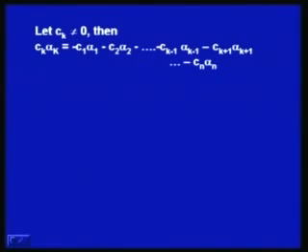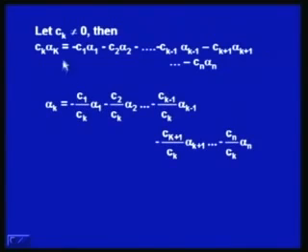Since not all of the Ck's are 0, let us say Ck is not 0, then Ck alpha k is equal to minus C1 alpha 1 minus C2 alpha 2 minus up to Ck minus 1 alpha k minus 1 minus Ck plus 1 alpha k plus 1 up to minus Cn alpha n. So what I have done is taken Ck alpha k on one side and the rest of the vectors on the other side. And since Ck is not 0, I can divide the whole equation by Ck. So alpha k is equal to minus C1 by Ck alpha 1 minus C2 by Ck alpha 2 and up to minus Cn by Ck alpha n.